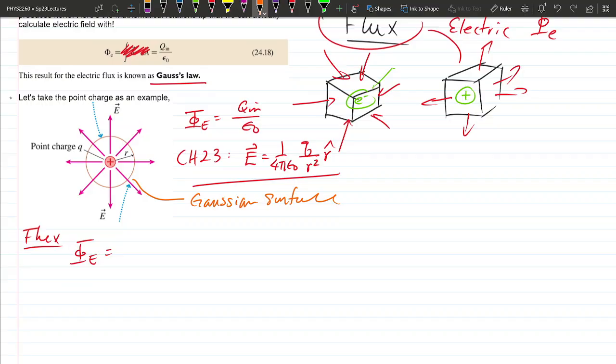That's the variable we're going to try to figure out. If I want to calculate the flux, it's going to be this E dot dA thing, the complicated dot product with the integral that I tried to hide from you.